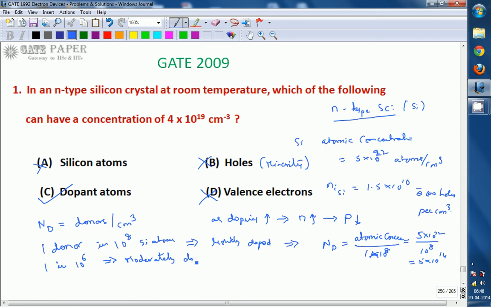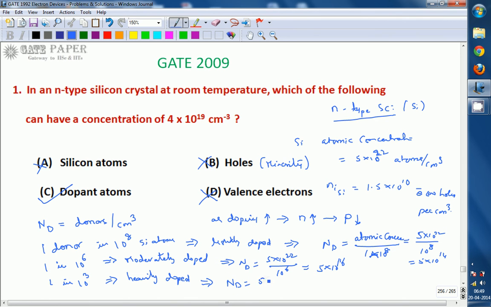For moderately doped, Nd is 5 into 10 power 22, the total atomic concentration, divided by 10 power 6, adding one donor per every 10 power 6 silicon atoms, which equals 5 into 10 power 16. Whenever it is one in 10 power 3, it is called heavily doped. Heavily doped means you add one impurity atom for every 1000 silicon atoms.